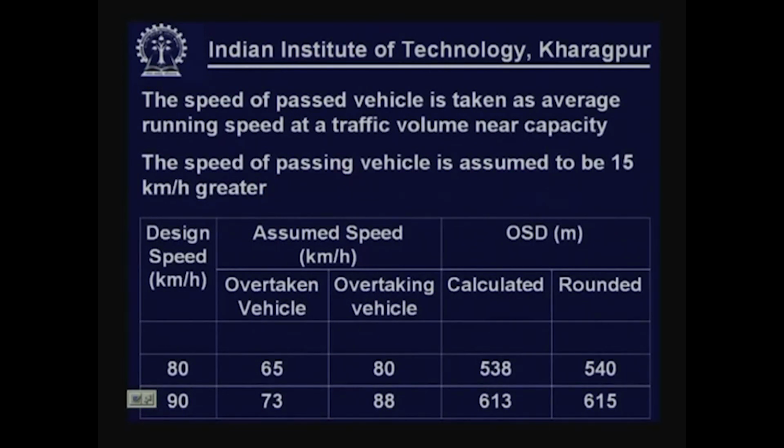To do that, it is assumed that the speed of the passed vehicle is the speed of the traffic stream at or near capacity volume.